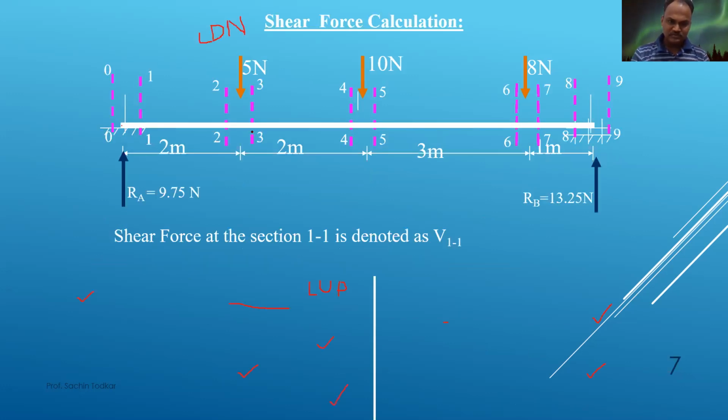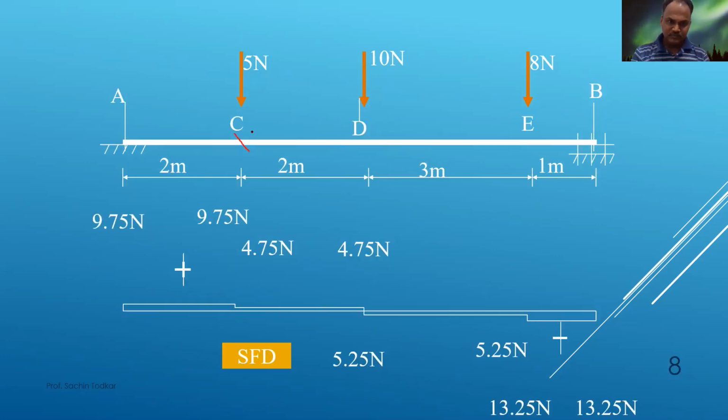Now in this case, it is simple to calculate the bending moment on the left side of that particular beam. So if I want to calculate moment at point C, what I'll do: 9.75 multiplied by 2, so it is around 19.5. But what is the sign convention?